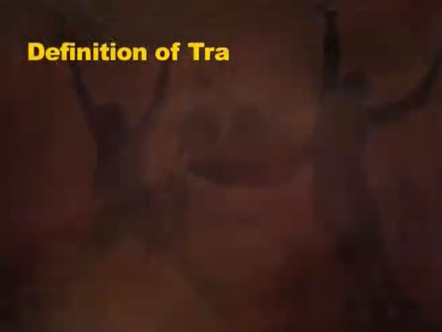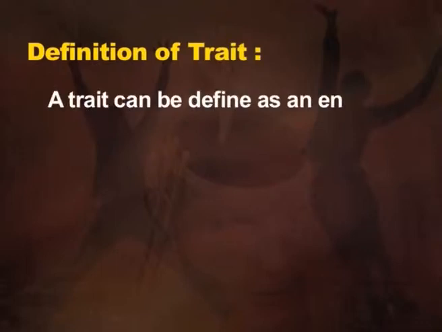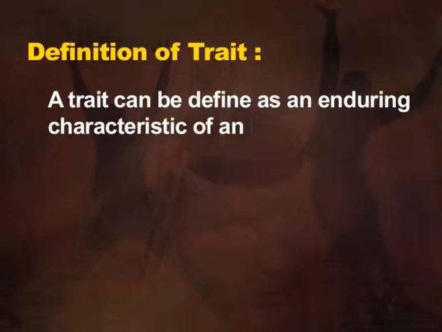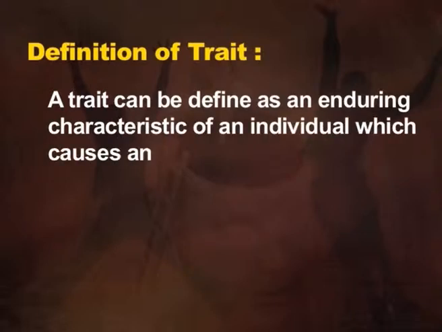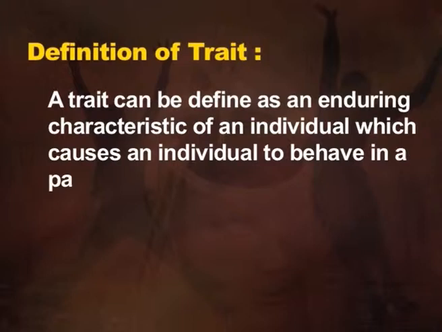Before we try to understand the assumptions of these trait theories, let us see the definition of a trait. A trait can be defined as an enduring characteristic of an individual which causes the individual to behave in a particular way. So, depending upon the situations, the personality of an individual exhibits different characteristics.